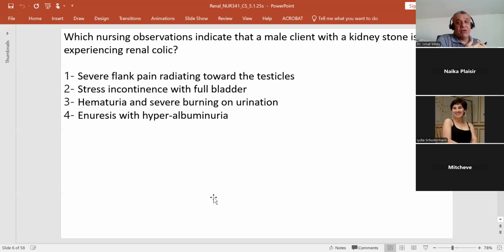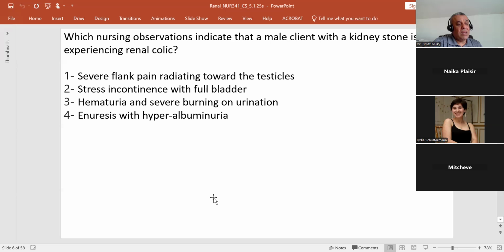It's worse than even an acute MI. Patients develop this severe pain when the stone starts moving, not when it is stationary and localized.